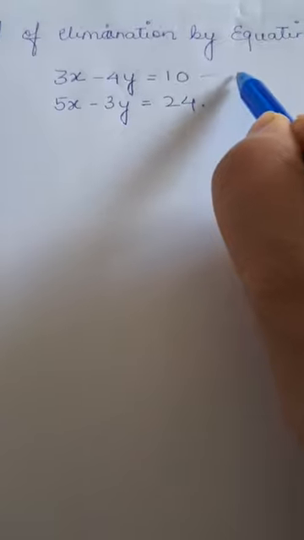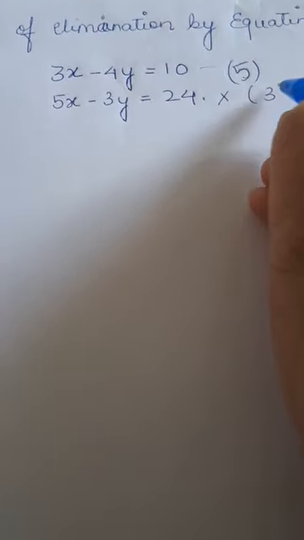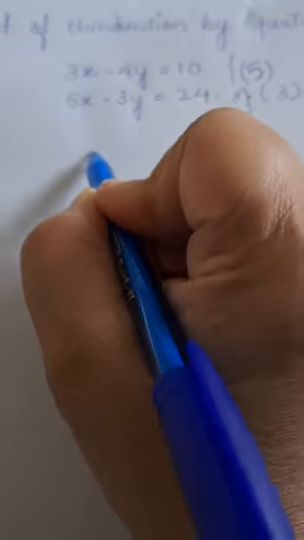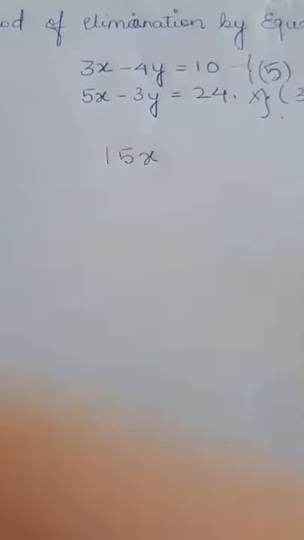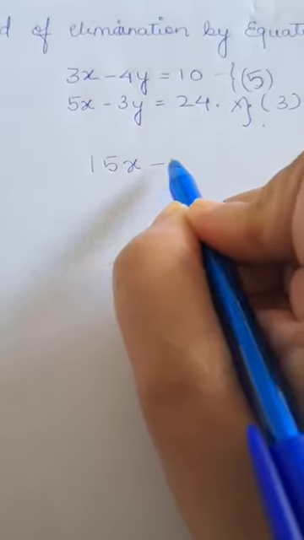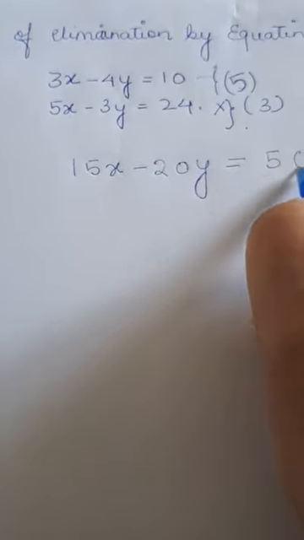We will multiply this equation with 5 and this equation with 3, the whole equation. So the first equation will turn out to be 15x minus 20y is equal to 50.